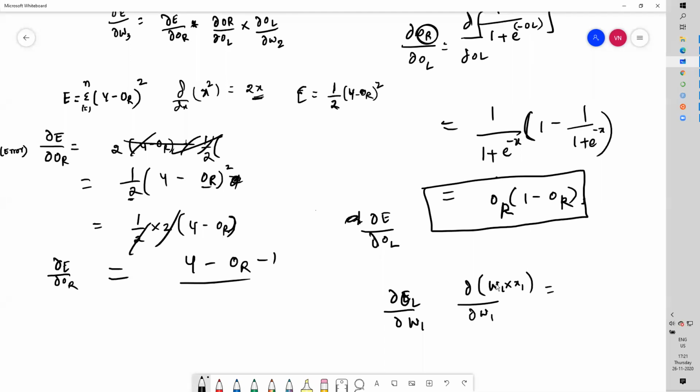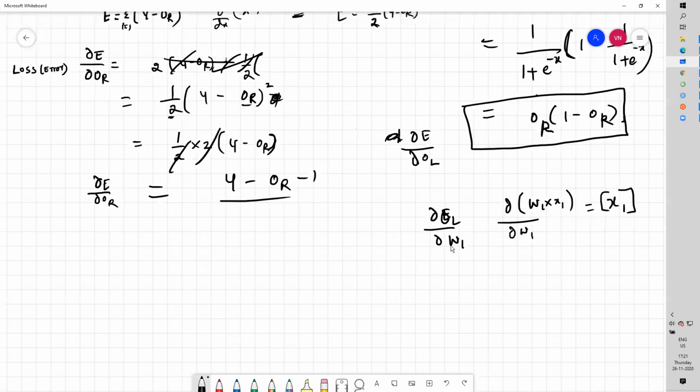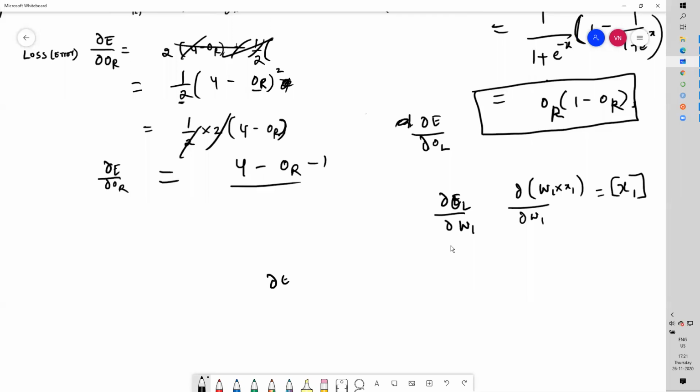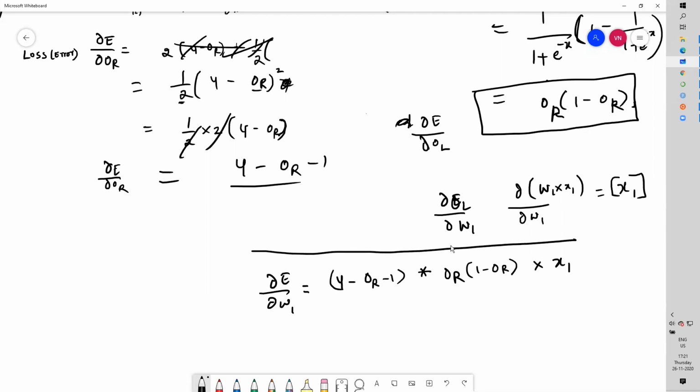So dou OL divided by dou W1 is nothing but your X1 itself. So these three derivatives, to find out dou E by dou W1, we need to multiply y minus OR, minus 1, into OR into 1 minus OR into X1. So this is the final derivative with respect to W1.